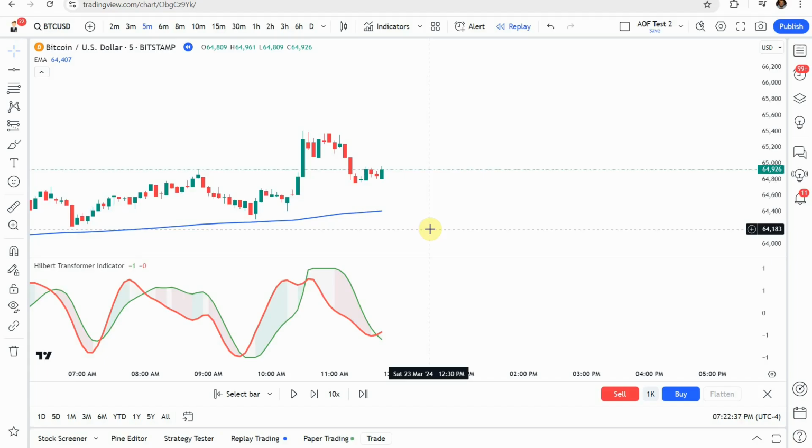We won't really go into much detail about that at all, just because we're more interested in testing the indicator than we are in understanding the exact inner workings of it.